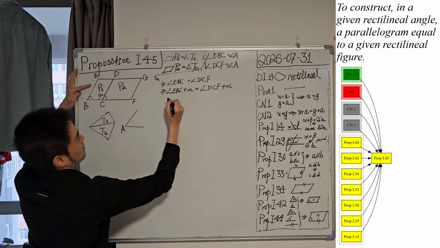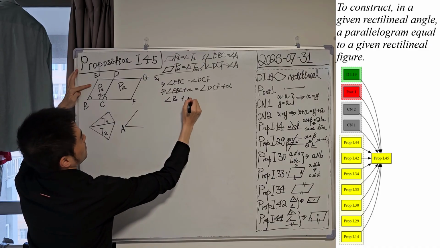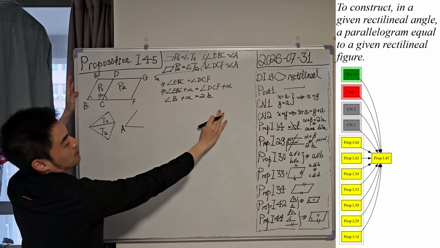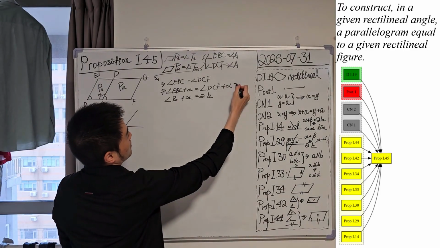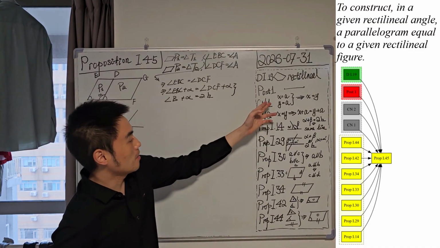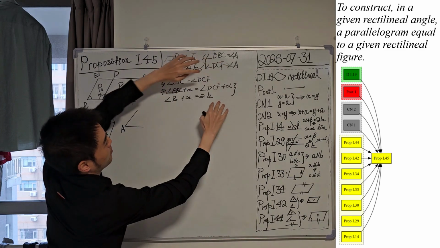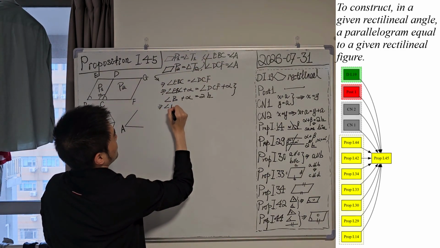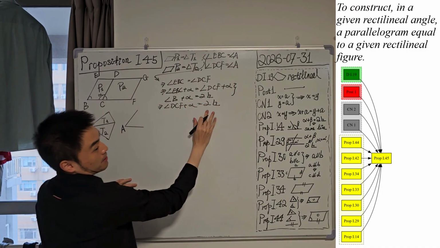So we know that angle EBC plus alpha will be equal to two right angles, correct? And if we combine them together and apply common notion 1 again, the left sides are equal, so the right sides must be equal. So we can imply that angle DCF plus alpha will be equal to two right angles, correct?